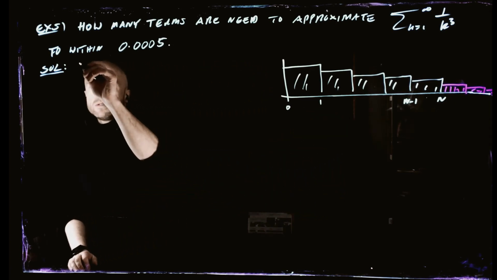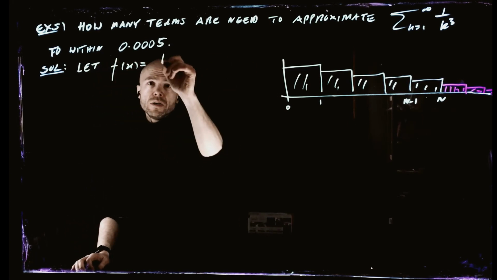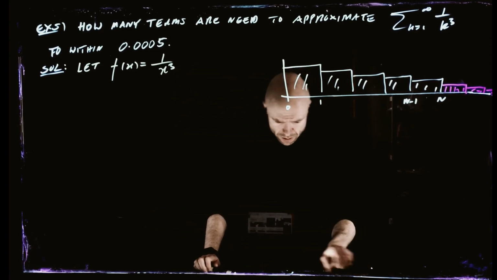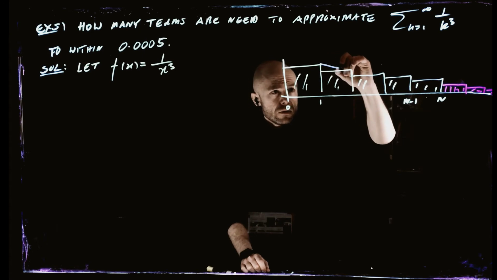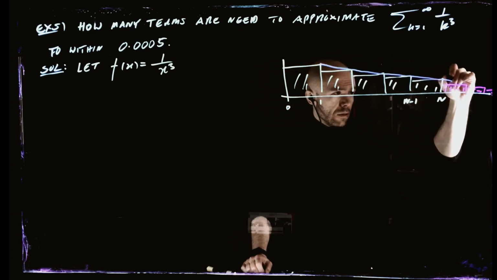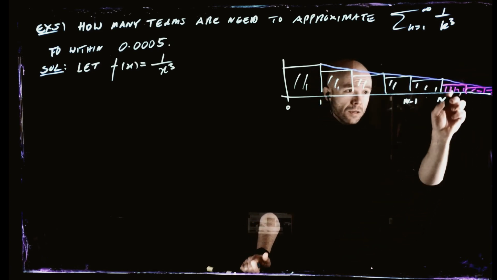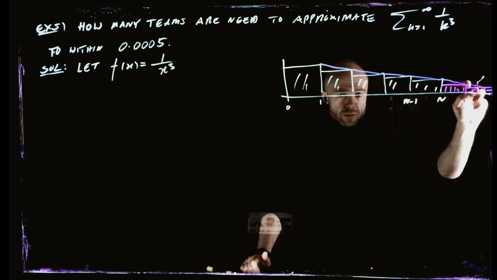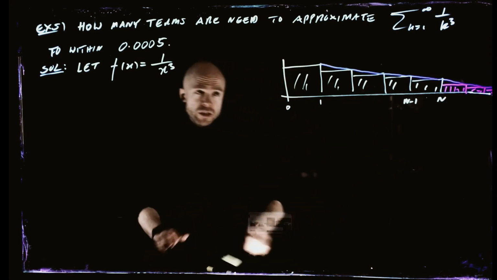So let f of x be this function 1 over x to the 3. Draw that. So that means that your function is this thing. And then you see from the picture that what you need to do is to estimate these remaining blocks by the integral from n to infinity. That's the statement of the theorem, but let's just draw the picture so we know what we're doing.